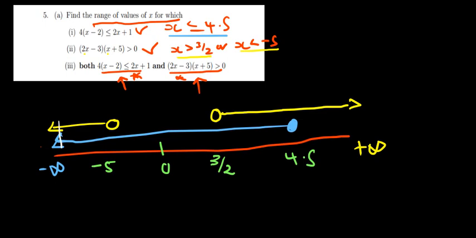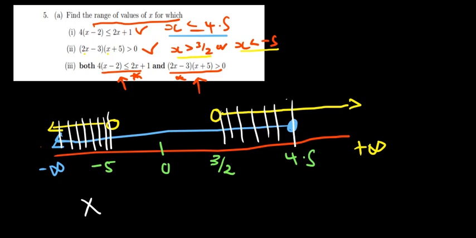So the first part is this one, all the way from minus infinity to end at minus 5. And then here we're beginning at 3 over 2 all the way up to what? 4.5. So we're going to say our x, which will work in both this case and that case, will be equal to, the first part will be minus infinity to minus 5.